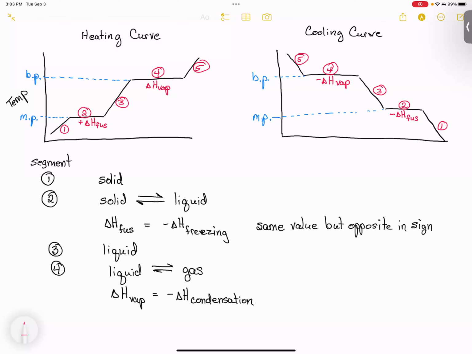So a plus means you're absorbing energy, whereas minus simply means you're giving off energy. Again, these are the same value, but simply opposite in sign.